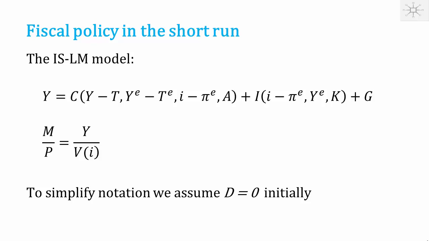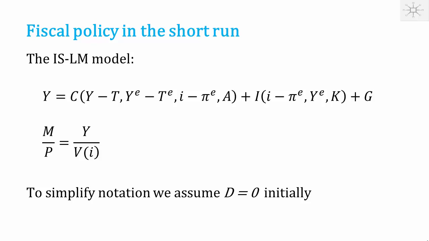The first is that the income that enters the consumption function is now the disposable income of the consumer, Y minus T. Here we have simplified notation by assuming that the government debt is zero initially, so we can neglect the interest payments from the government to the households. Then the disposable income is income minus taxes. And also consumption depends on future expected disposable income, which is expected income minus expected taxes.